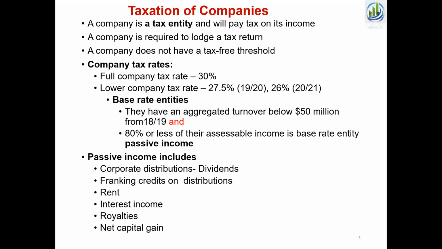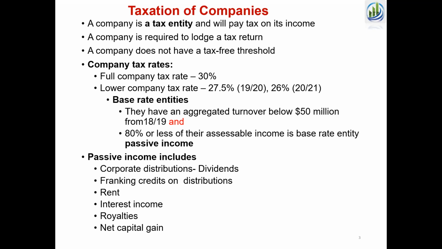If any of this income, or combined income, is more than 80%, you cannot consider that one as a base rate entity. So for most banks and financial institutions, over 80% of their income comes from interest or other passive income. They are not eligible to be a base rate entity, even though their turnover is less than 50 million.